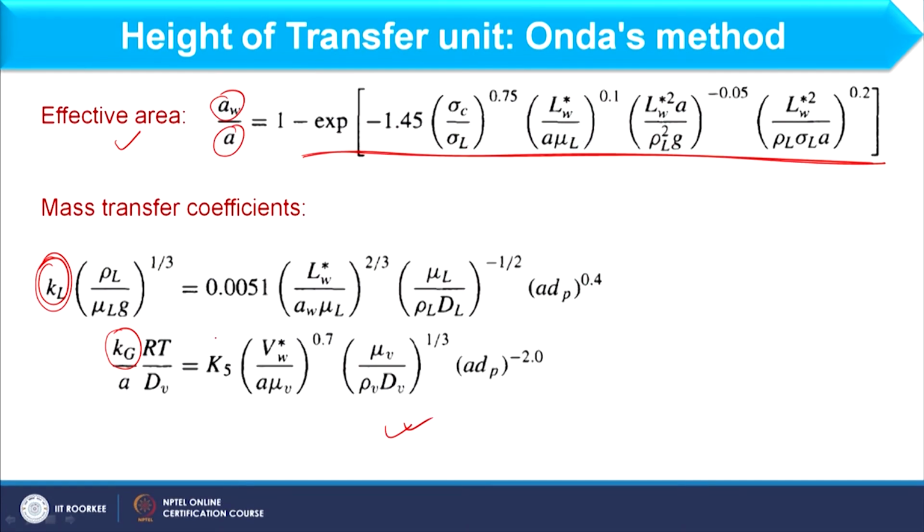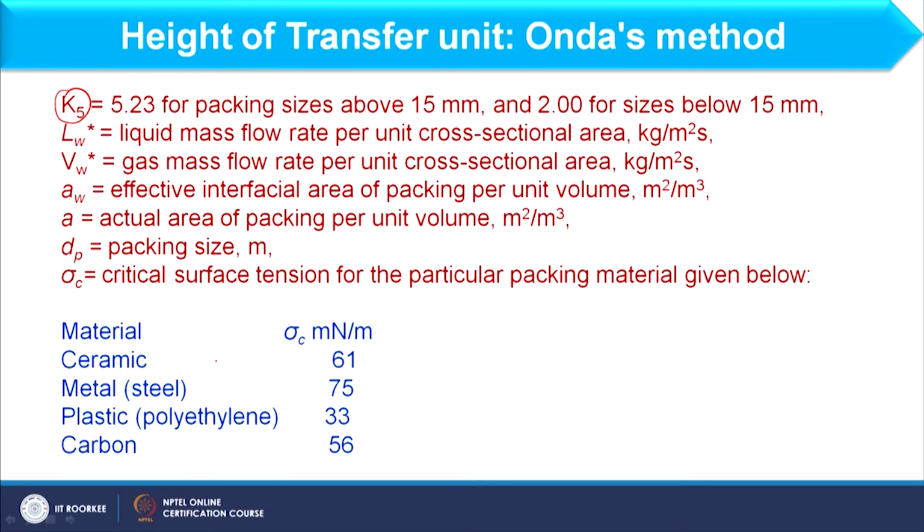You can see here I am having the value of K5. Its value is equal to 5.23 for packing size above 15 mm and 2 for packing size below 15 mm.